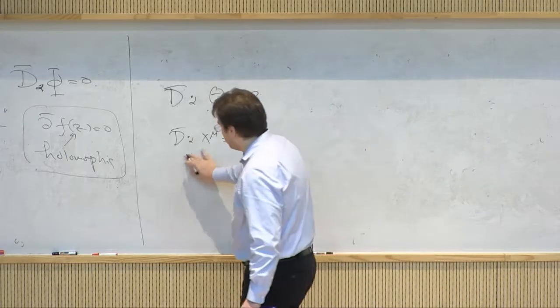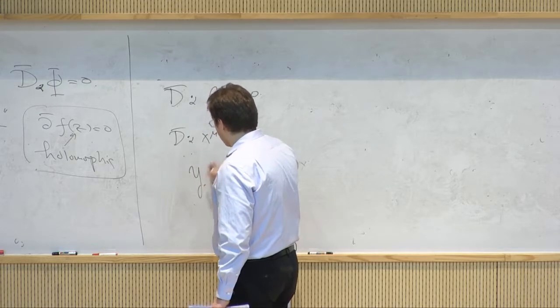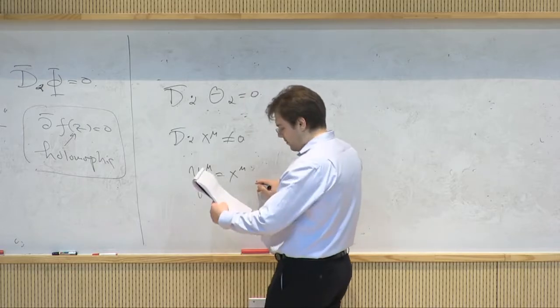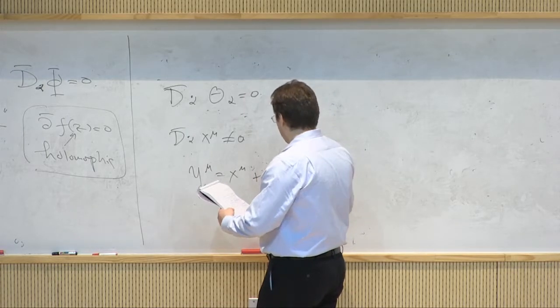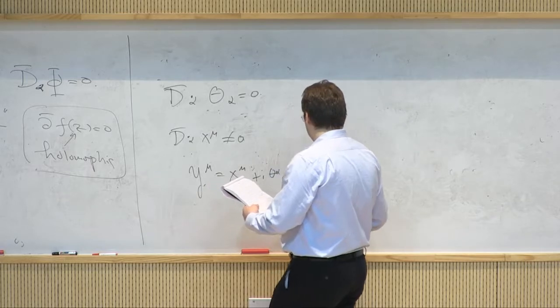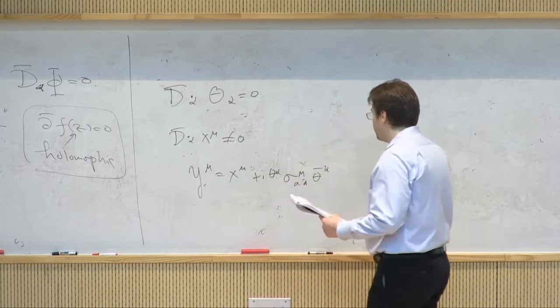So what we're going to do is introduce a new coordinate, sometimes called the chiral coordinate, y, which is x plus i theta sigma theta bar.